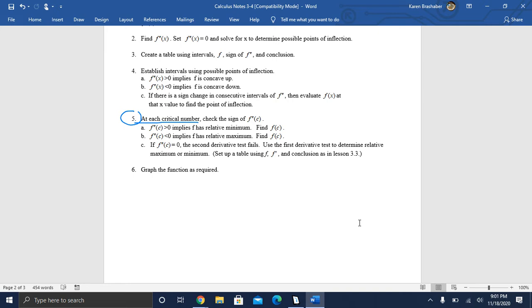And so, again, I've just repeated what I said was the second derivative test. So this description right here is the second derivative test. And notice that if the second derivative test fails, you have to do your table like we did in your other lessons.